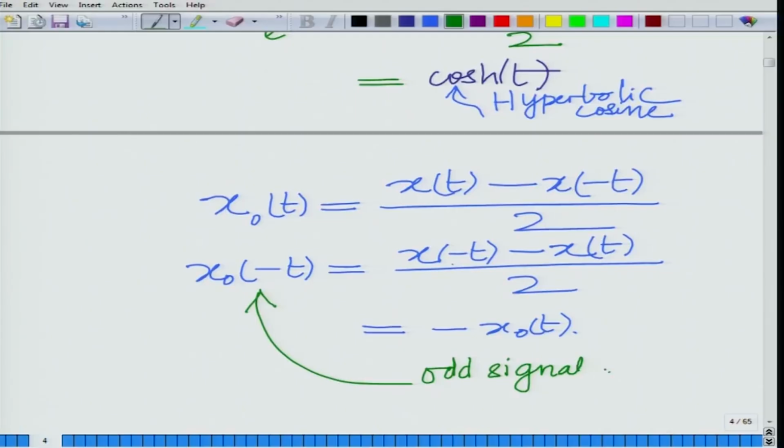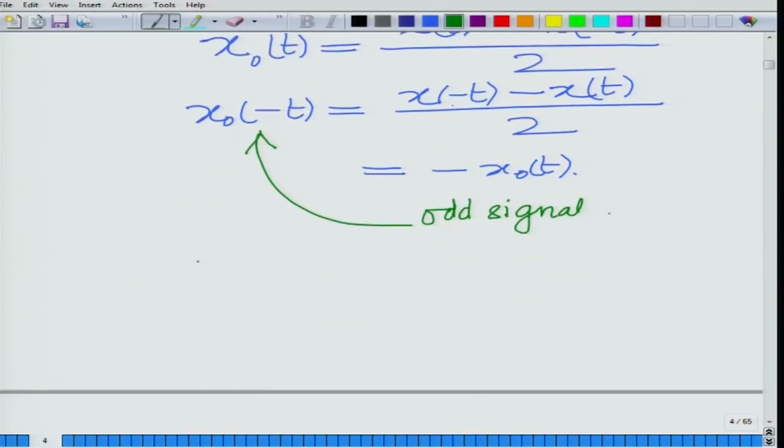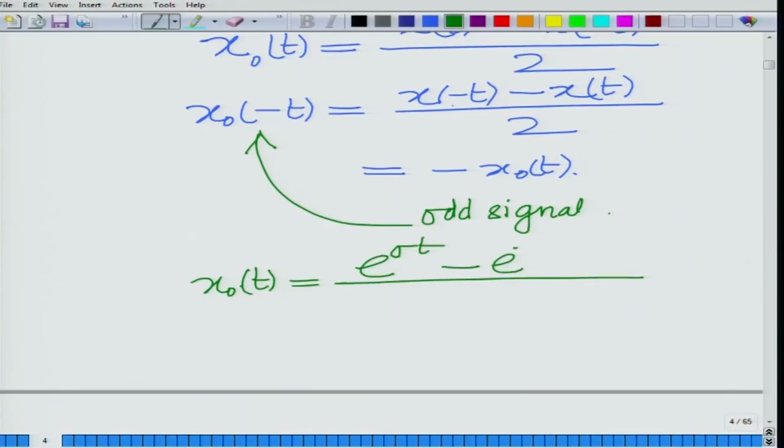For this we have x odd of t equals e power sigma t minus e power minus sigma t divided by 2, that is sine hyperbolic of t. Okay, this is the hyperbolic sine function. We have seen hyperbolic cosine, and this is a hyperbolic sine function.